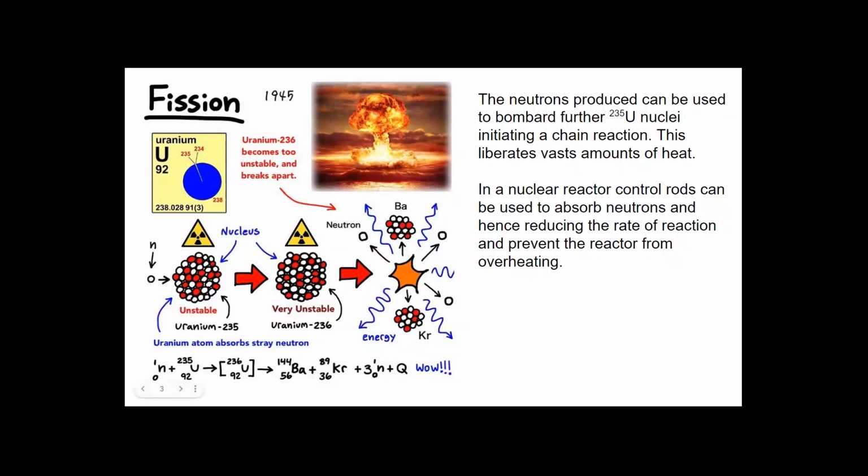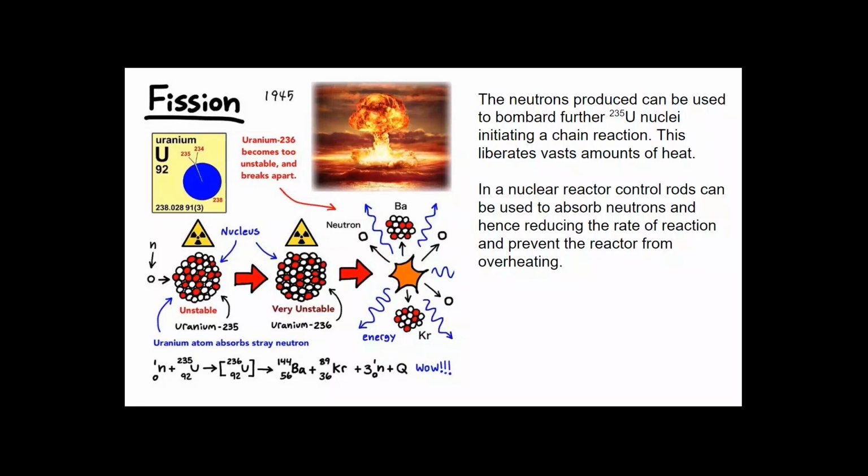So notice a neutron will bombard a uranium atom, and it produces a very unstable uranium-236 atom, which breaks up into a barium and a krypton atom, and also gives off 3 neutrons. And these 3 neutrons can then bombard further uranium atoms. And that's why we have a chain reaction.